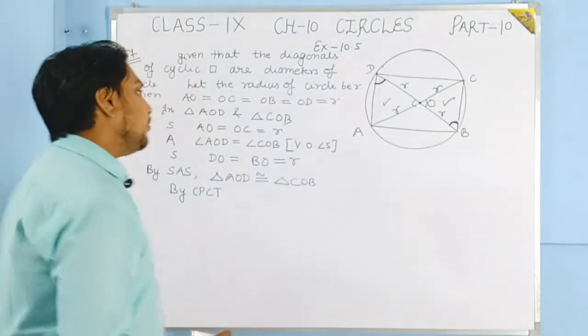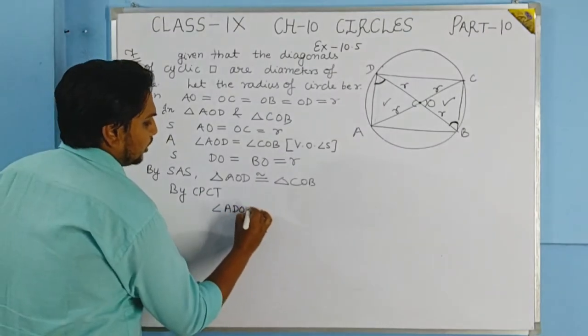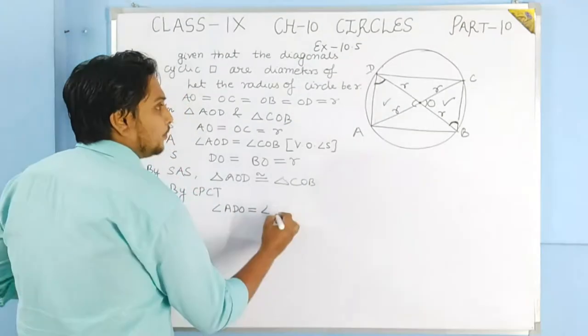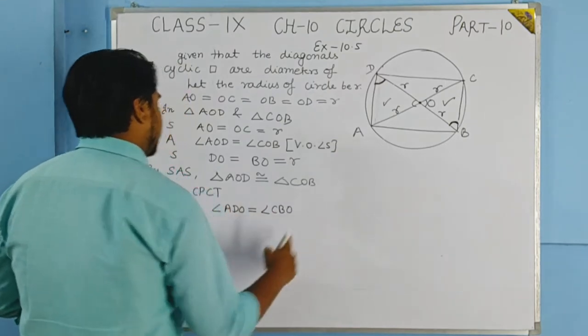Okay, so here we can say that angle ADO is equal to angle CBO, okay, by CPCT.